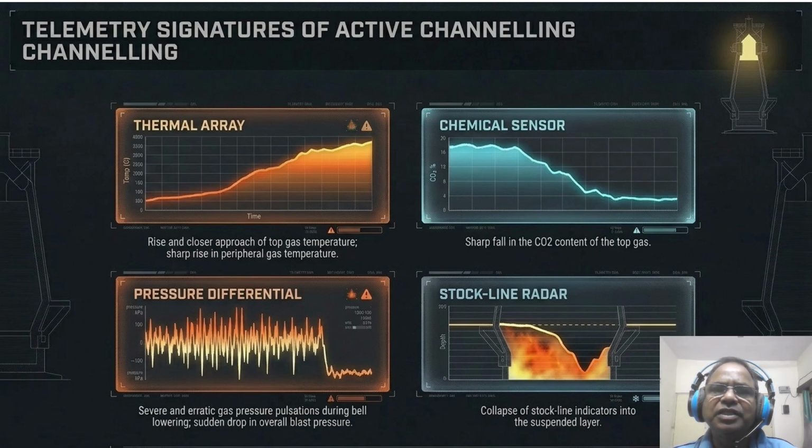So when you see these four signatures align, you are not just having a bad day, you are losing the aerodynamic stability of the stack. The so what here is immediate intervention. You must adjust your charging or blast parameters now, or the furnace will hang. Beyond gas flow, we must deal with physical growths on the wall, especially the distinction between scaffold and scab.